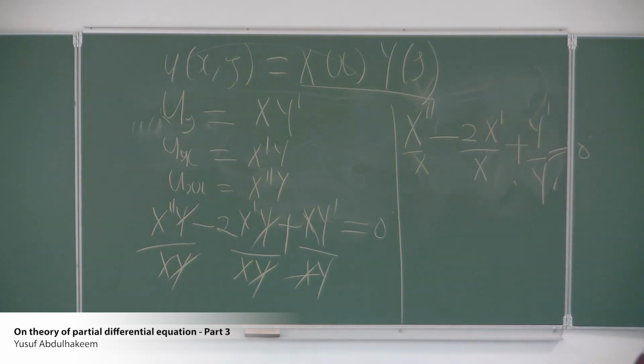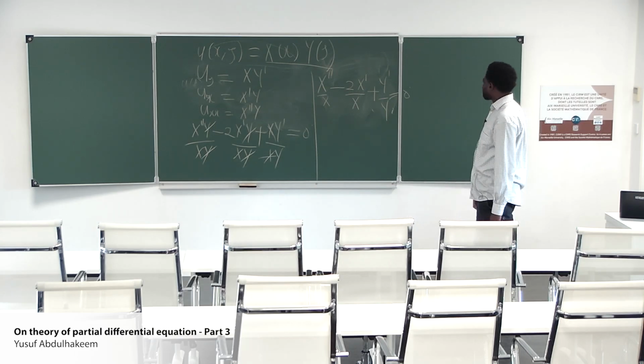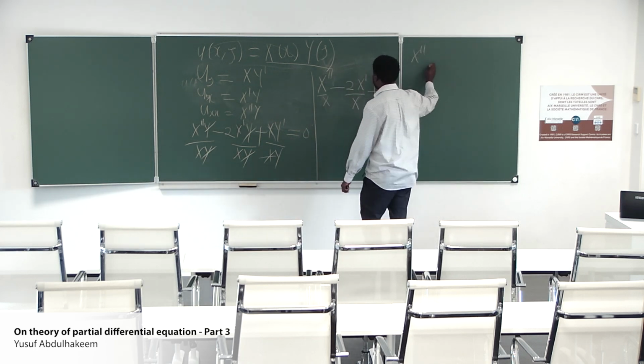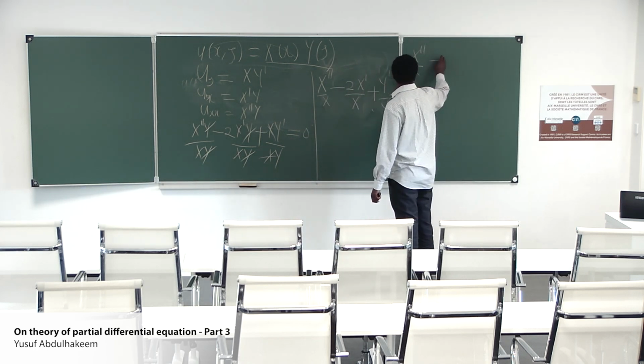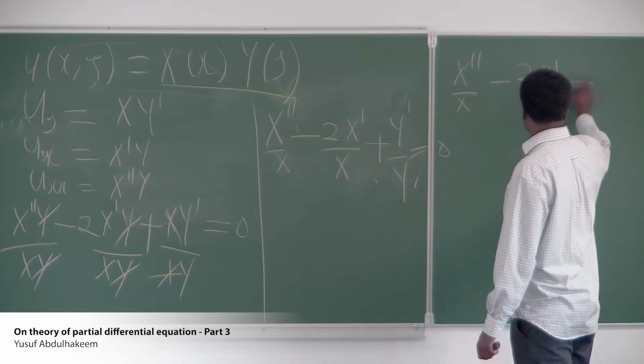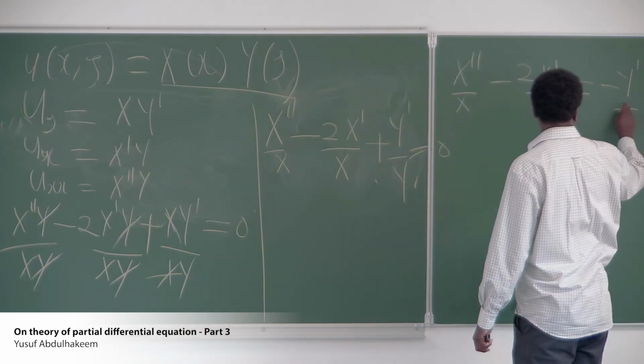Now we can rewrite this as X double prime over X minus 2X prime over X equal to minus Y prime over Y.